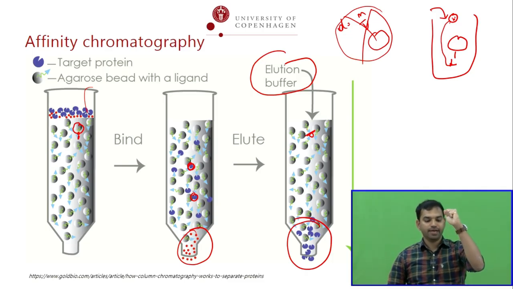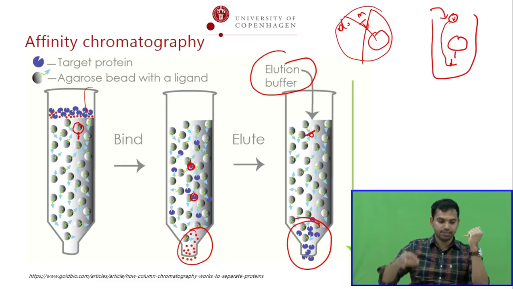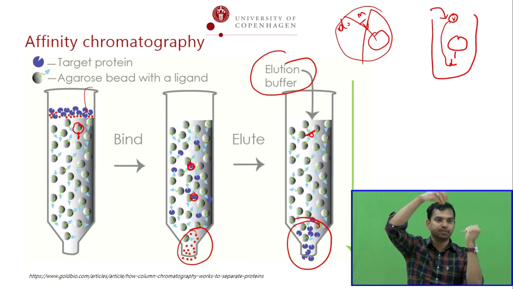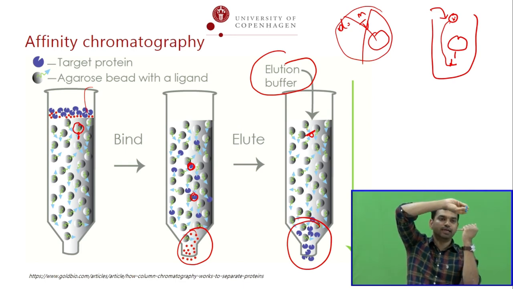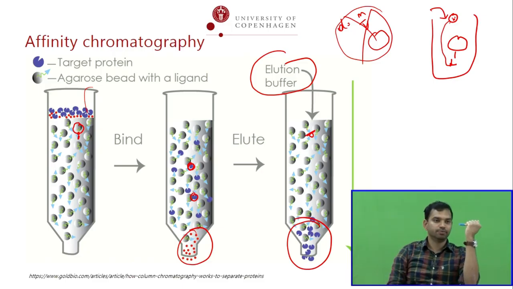You have a stationary phase with the ligand, like this. Okay, stationary phase with the ligand. All right, and this is my protein, right? And I also have a lot of unwanted compounds, right? And I pour it on the column now, and the ligand likes the protein, so the ligand will attach to the protein.